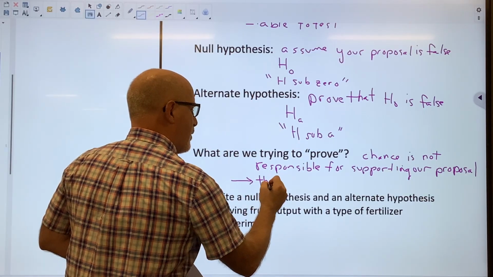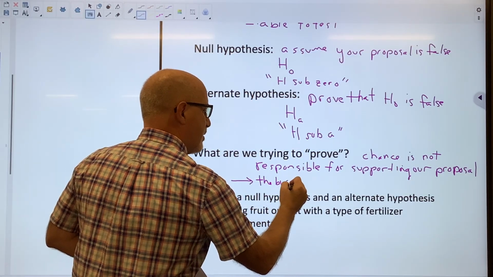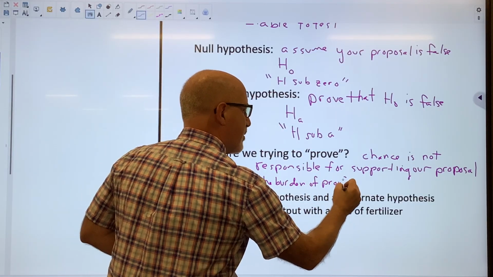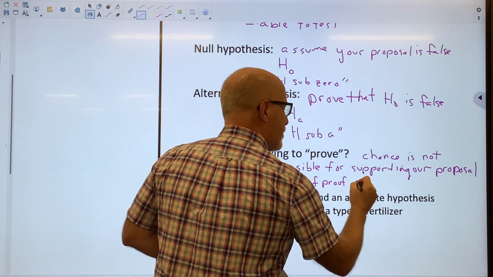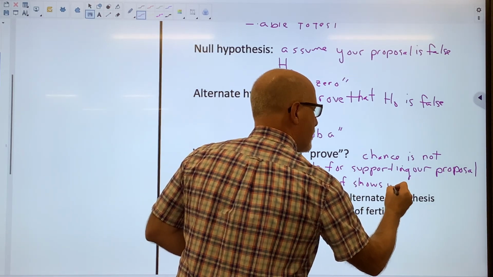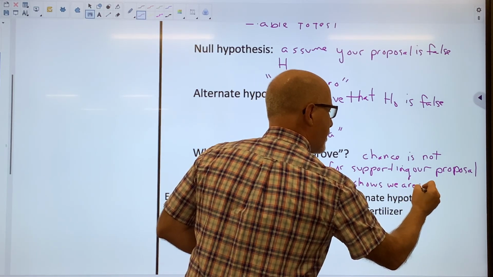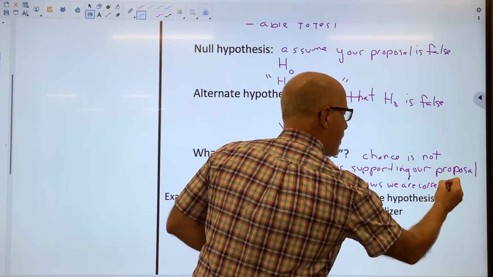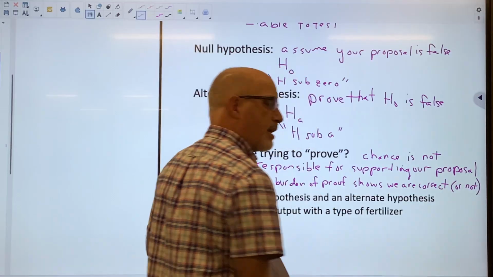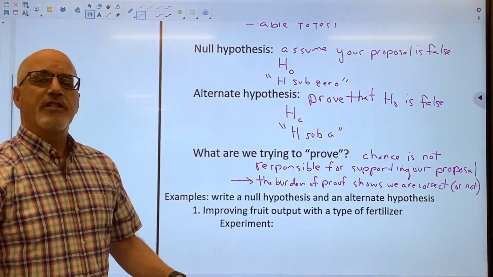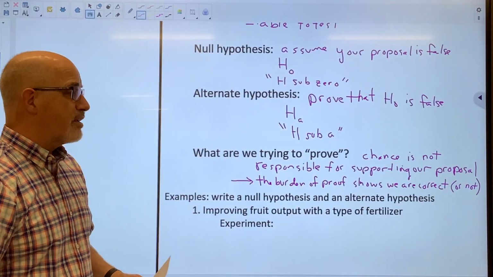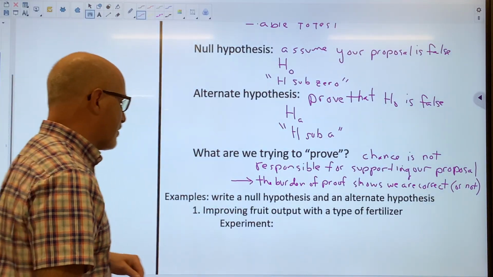The burden of proof shows we are correct. Or not. Sometimes we can't prove it. Sometimes we can't get enough data to push us over the top to show that our null hypothesis is false, and therefore our original proposal is true.